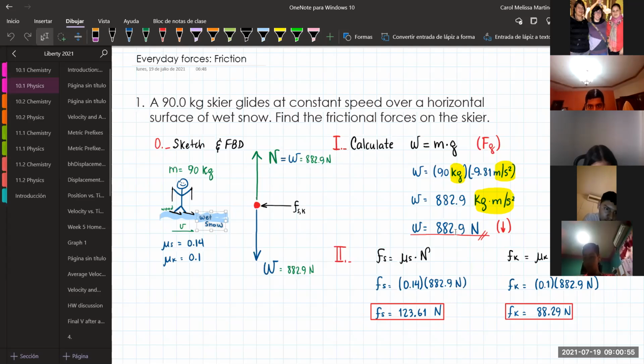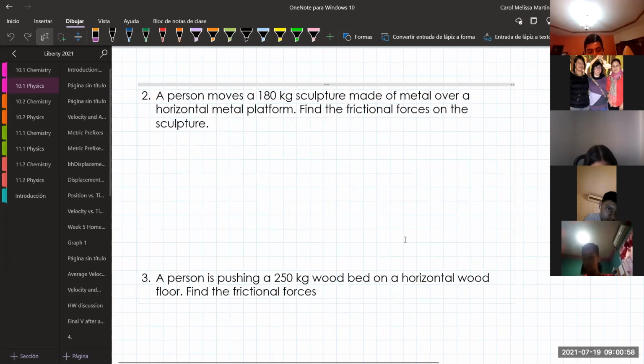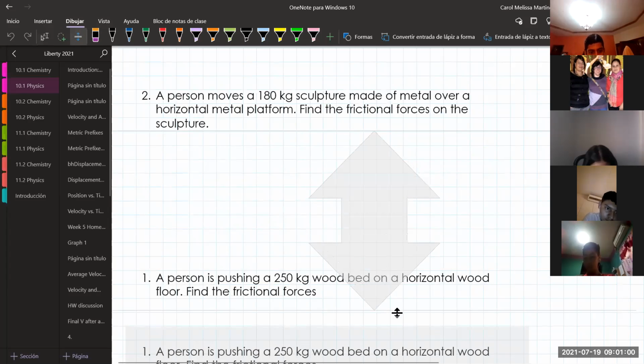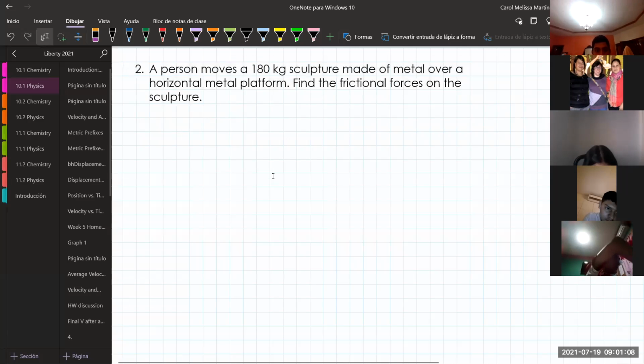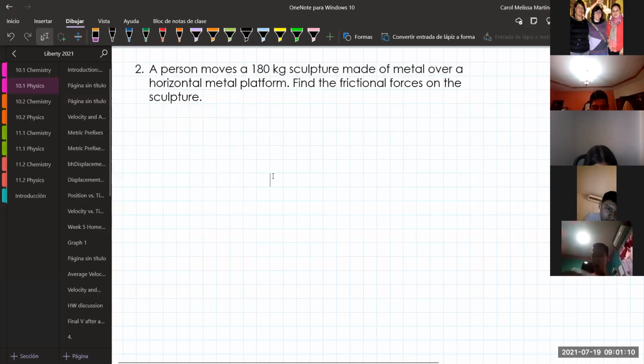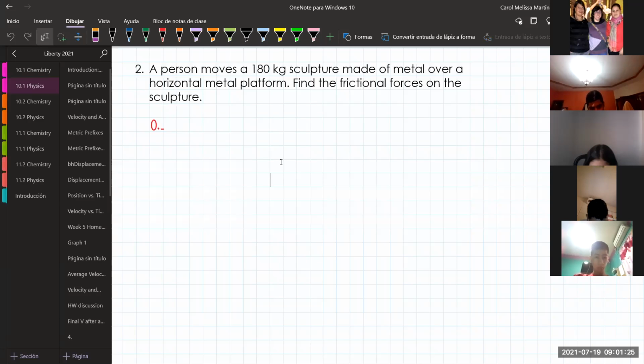Now, let's take a look at the second problem I have here. It says a person moves a 180 kilogram sculpture made of metal over a horizontal metal platform. Find the frictional forces on the sculpture. So, in my step 0, I sketch the situation, okay? I will sketch the situation, and I have this person here.